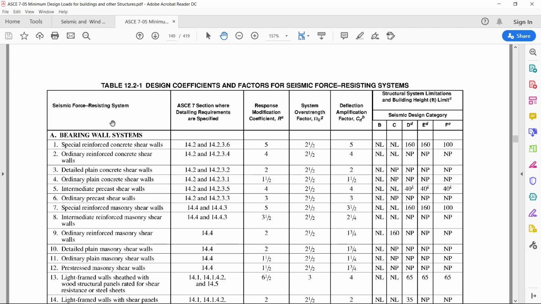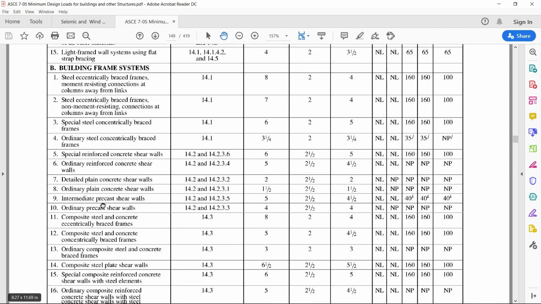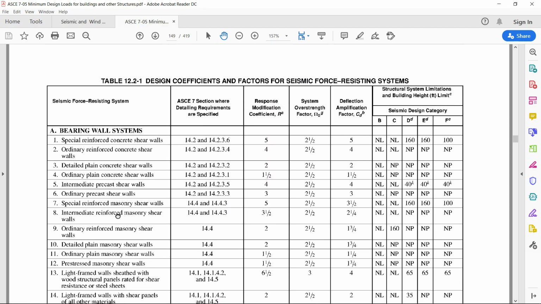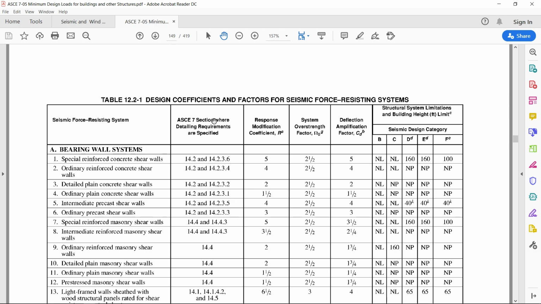In this table, the first column is seismic force resisting system. All possible seismic force resisting systems are listed over here. It's a very long table. The second column says the ASCE 7 section where detailing requirements are specified. So you have to follow this column to go to the relevant detailing requirements, and you have to follow these requirements.